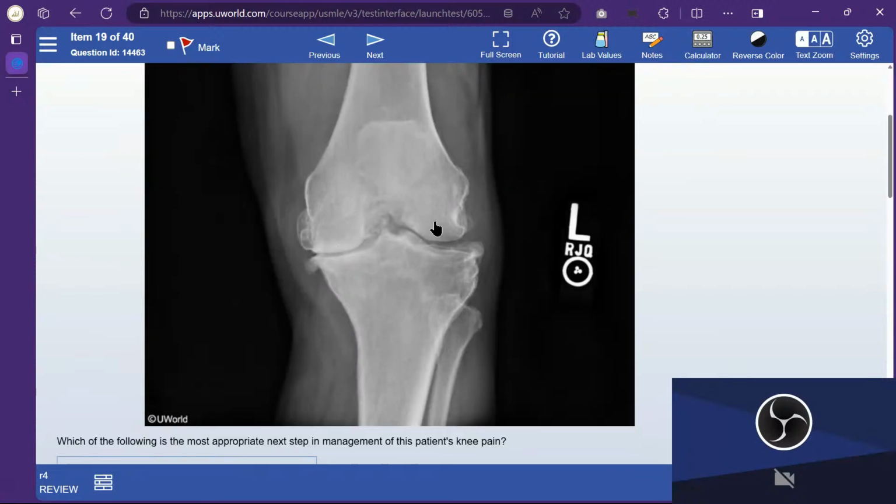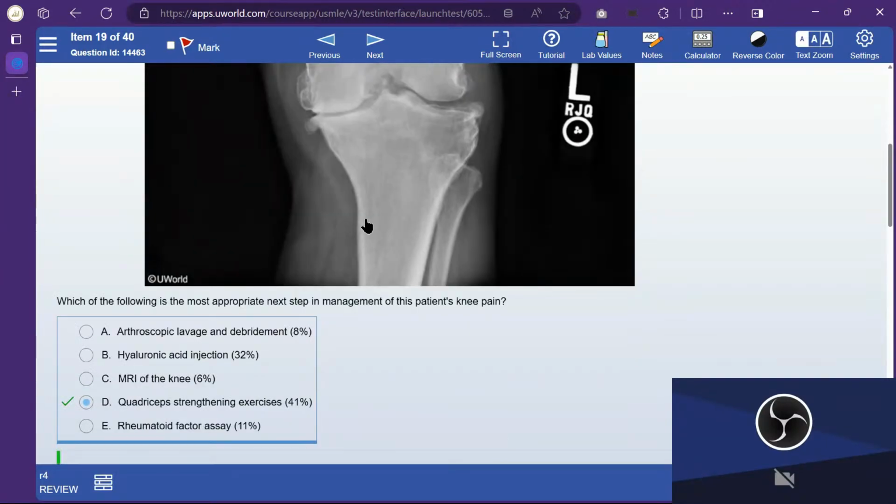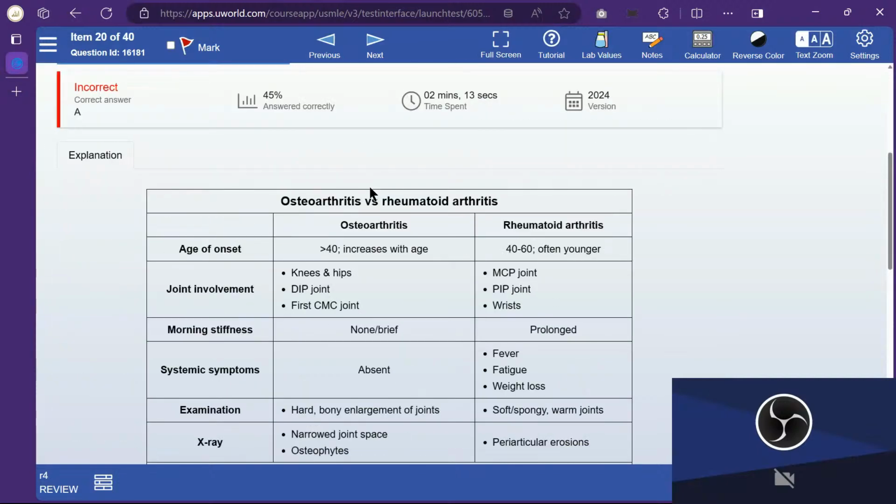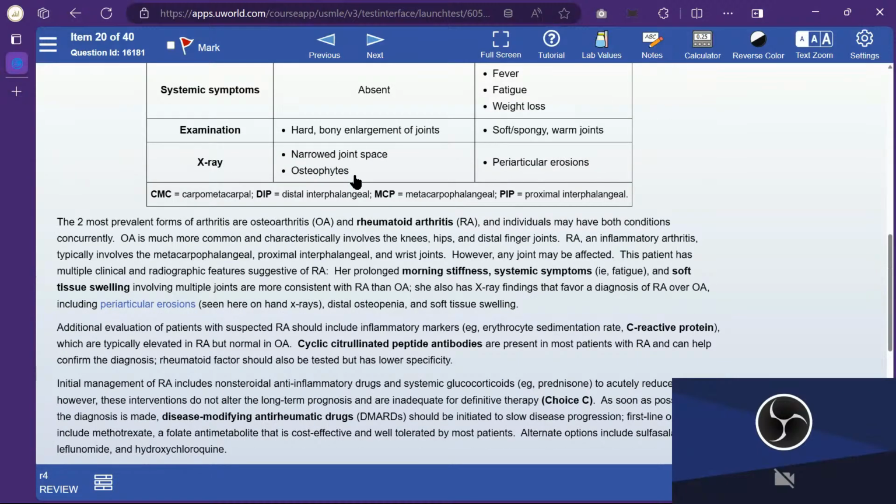This is osteophytes and joint space narrowing: osteoarthritis, persistent, and exercise. In here, bilateral atrophy of the quadriceps. This is rheumatoid arthritis. The two most prevalent forms of arthritis are osteoarthritis and rheumatoid arthritis.